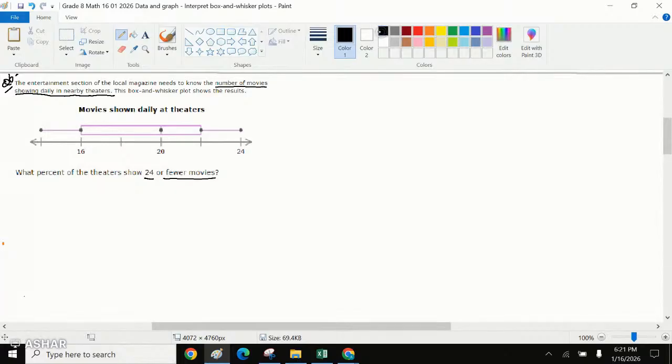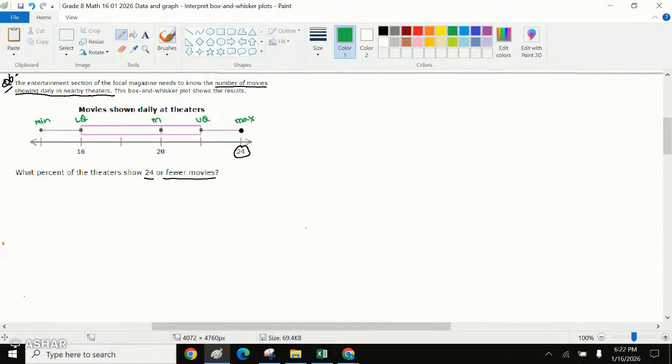So that means we look at X over here. This was 24, right? So 24 is which value? If we label this first, this was minimum, this was lower quartile, this was median, this was upper quartile, and this was max, right? Max means everything.